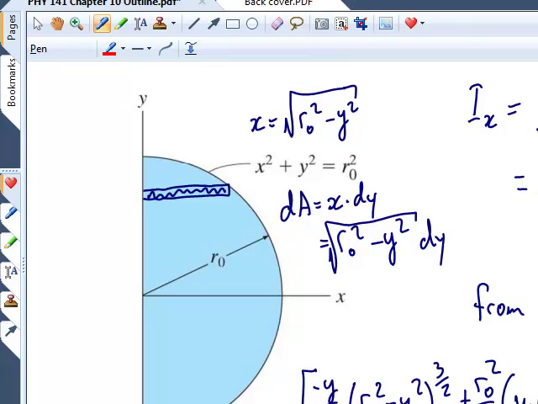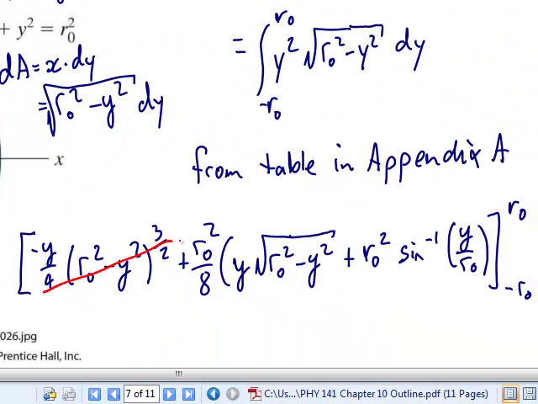If I put in y equals either positive or negative RO, what happens to this term? It becomes 0, so it becomes 0 for both limits. What about this part of this term? I still have RO squared minus either negative RO squared or positive RO squared, so that also goes to 0.